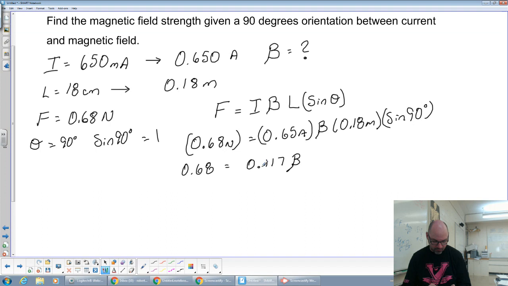So we take 0.68 and divide by 0.117. We get 5.81, or with two significant figures, 5.8 Tesla. Not even sure how strong a Tesla is. That's stronger than the last one we had.